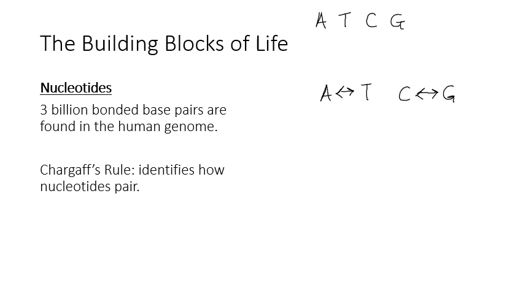So in a DNA strand, for example, we might get something like A, T, C, G, A, T, C, G, A, C. So we get pairing.